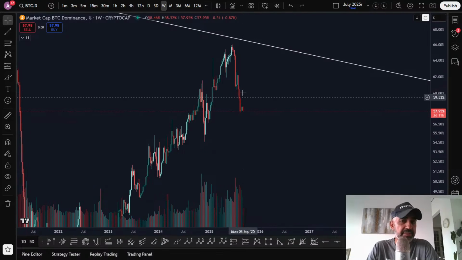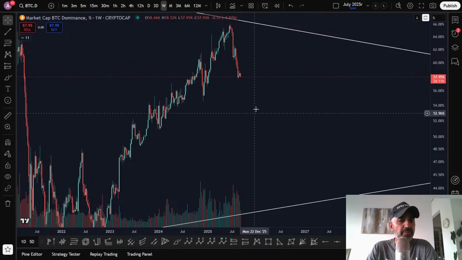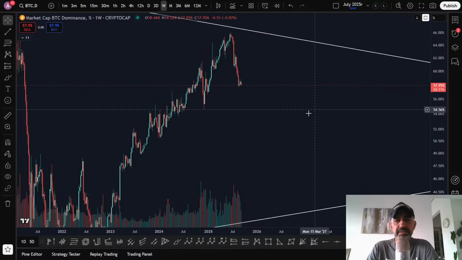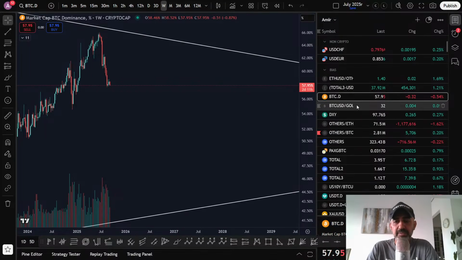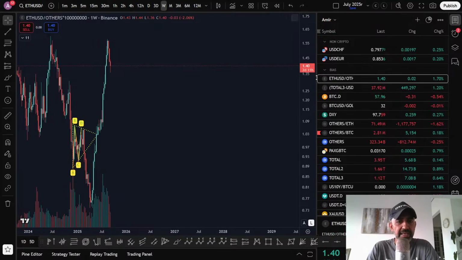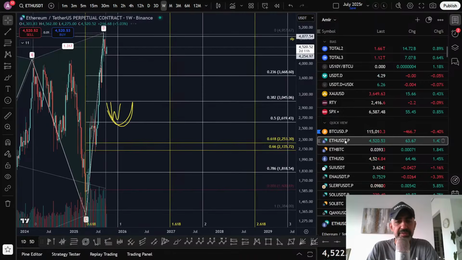I feel like this is just dropping. So it is possible to see a real drop here. And I really feel that alt season is beginning. Generally speaking, alt season begins with ETH moving. And you see that ETH did move. ETH moved. Where is ETH now?